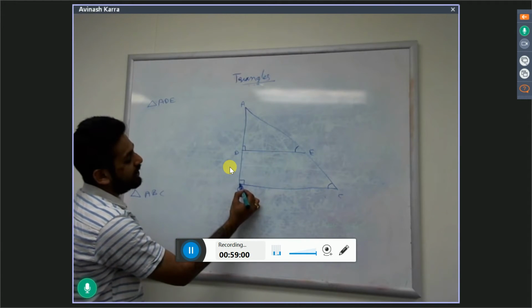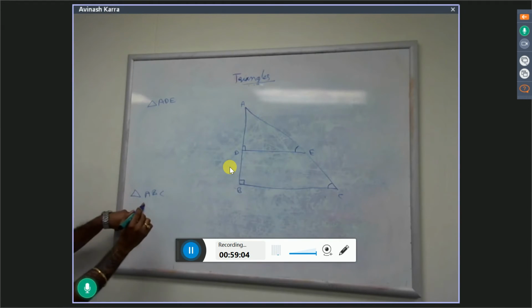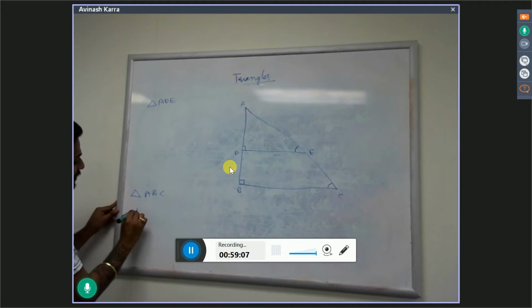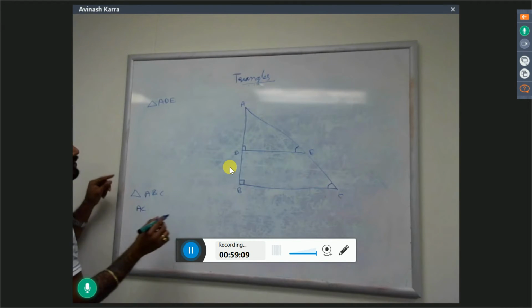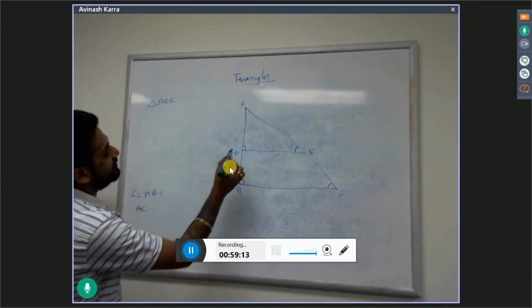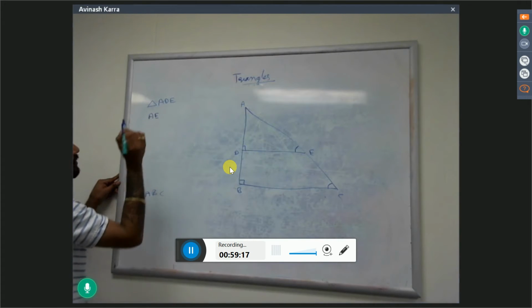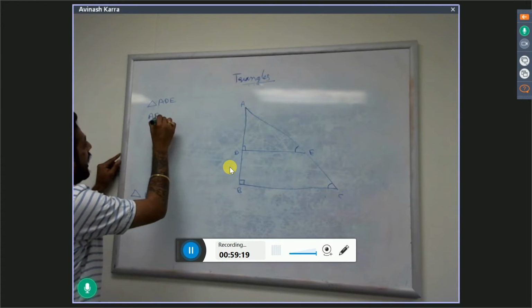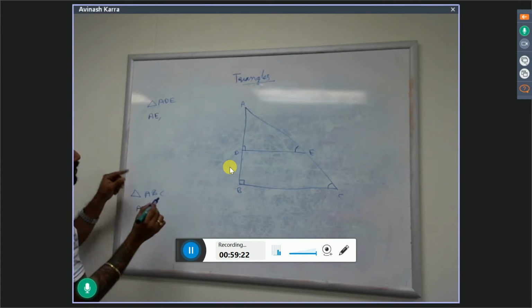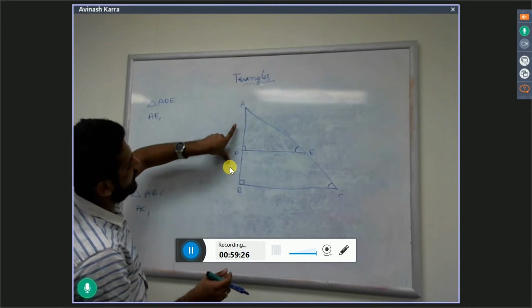So what is the corresponding side of angle B, AC, for triangle ABC? Yes. And for triangle ADE? Okay. I'm writing it in order. What is the corresponding side for angle C, AB?